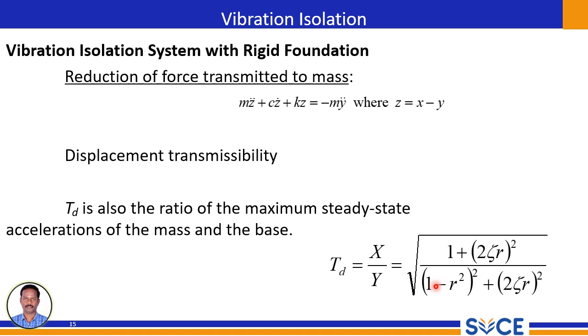We introduced the concept of displacement transmissibility, which is a crucial metric for evaluating vibration isolation effectiveness in terms of displacement and acceleration. The equation for T_d highlights the importance of the damping ratio and the frequency ratio in achieving effective vibration isolation.